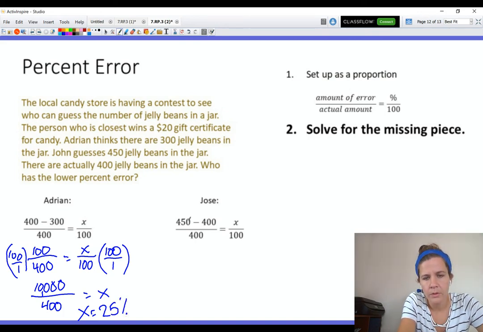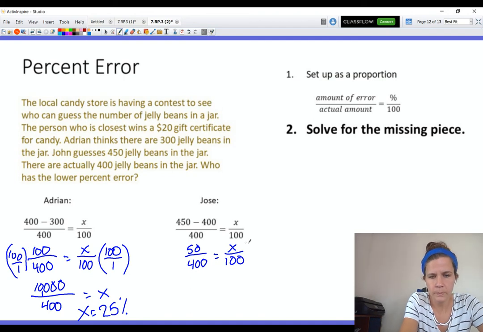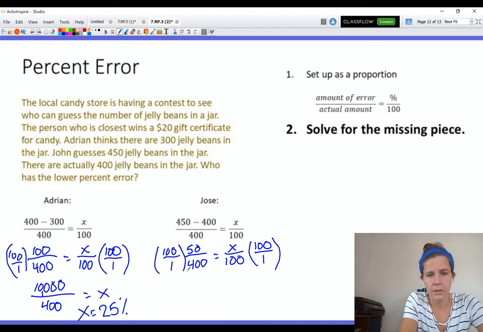Jose, we subtract, we get 50 over 400 equals x over 100. Isolate the variable. x is being divided by 100, so we want to multiply it by 100. Whatever we do to one side, we've got to do to the other side.